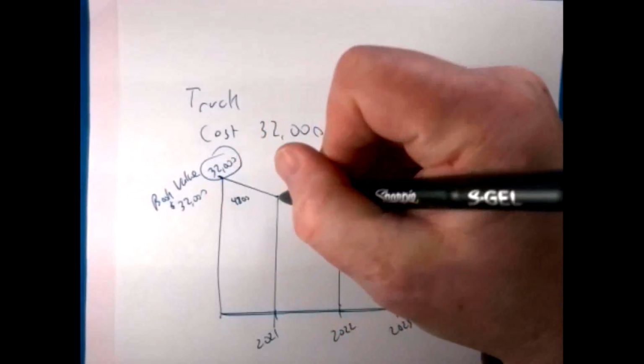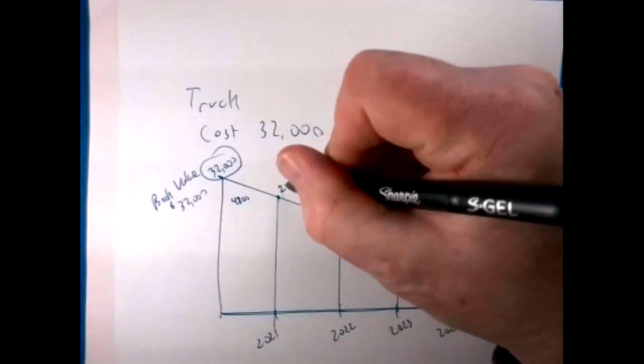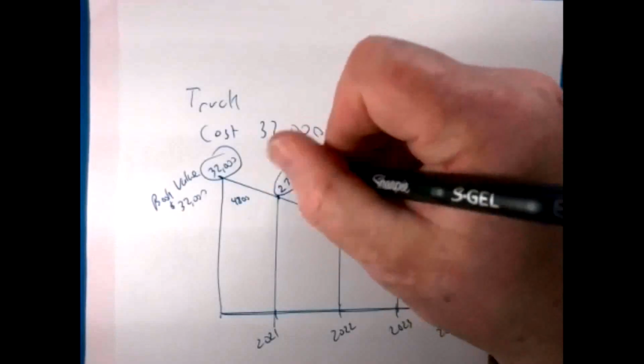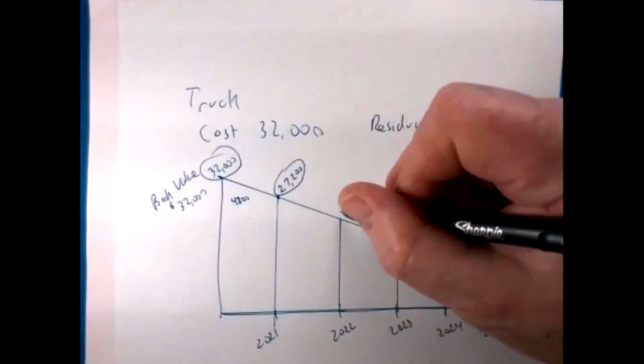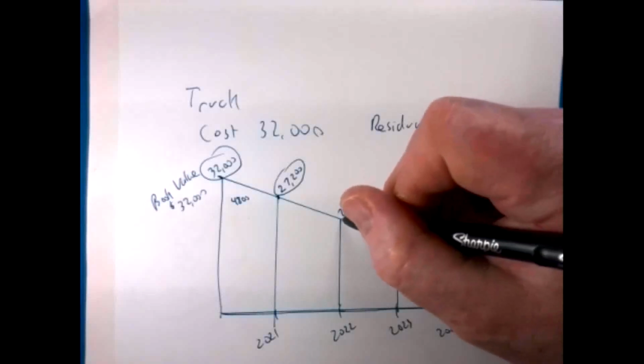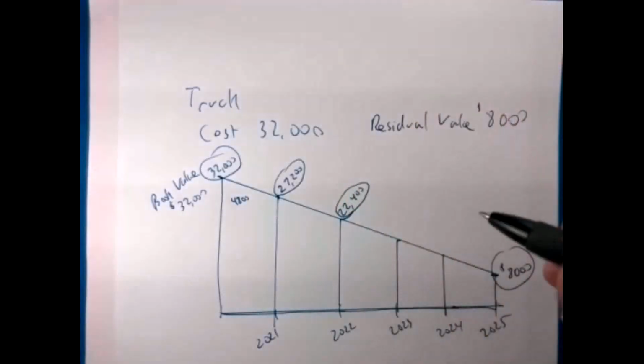So the first year it goes down to 27,200 at the end of year one, 22,400 in year two, and so on.